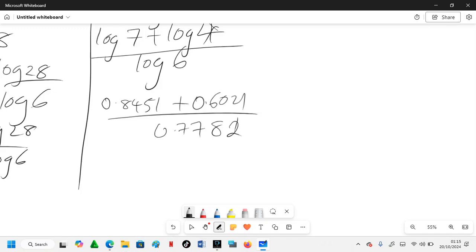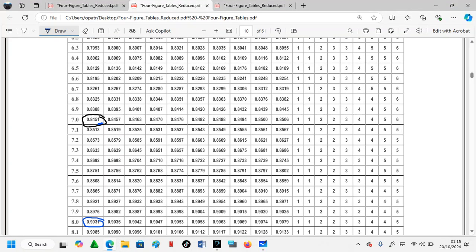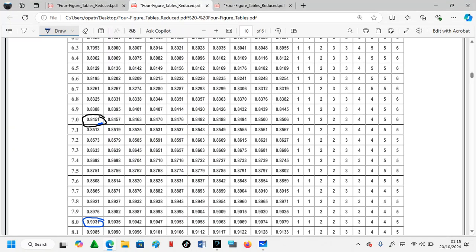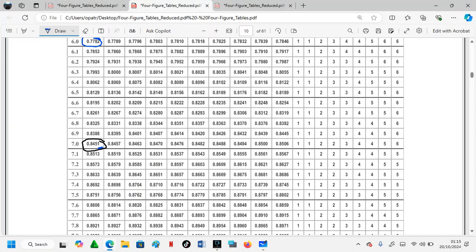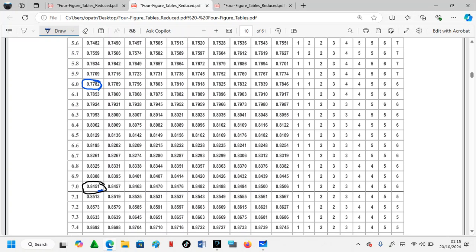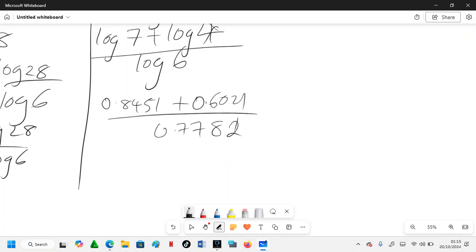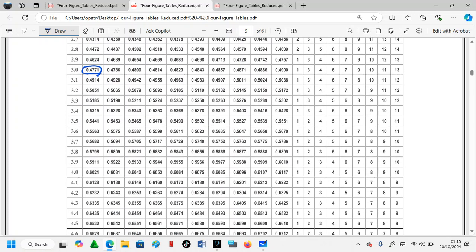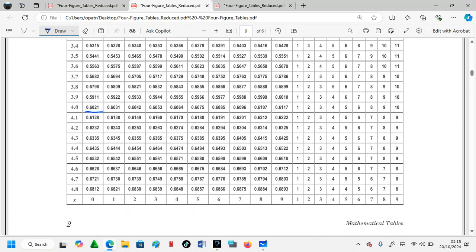0.7782. Let's just check. Log 7, 0.8451, there it is. Log 4 and log 6. Log 6 is 0.7782, there it is. And then log 4, there it is, 0.6021.